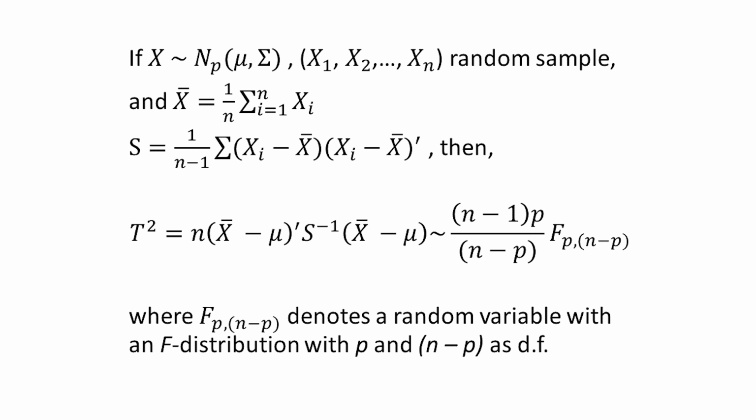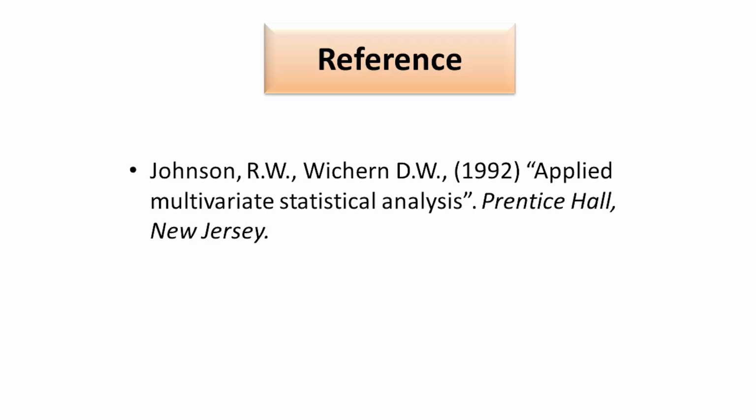It will also be used for testing hypotheses like A times mu equal to null, where A is a given matrix. So the Wishart distribution, which comes as the distribution of S, of course with a constant, is useful in this case too.